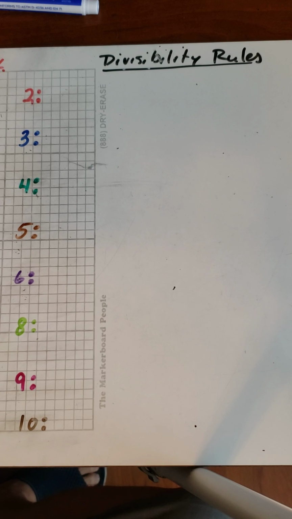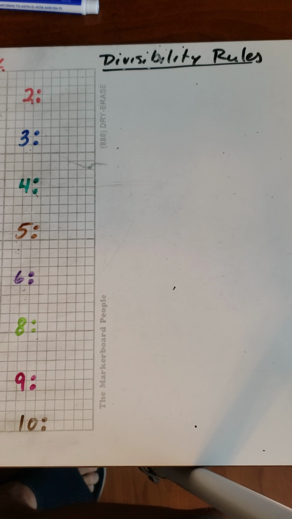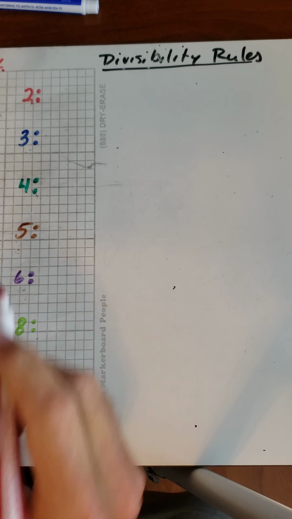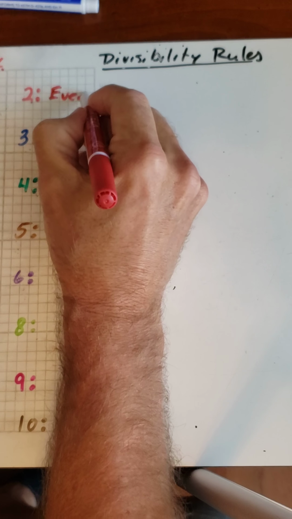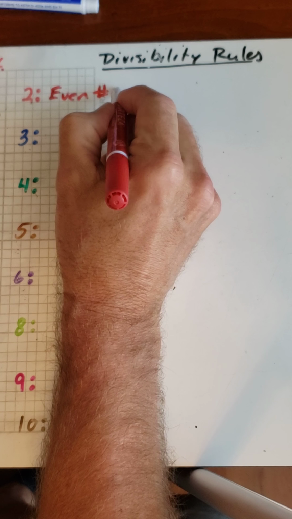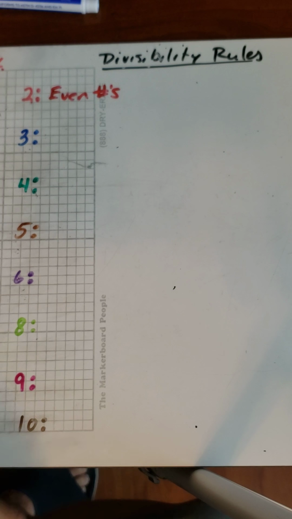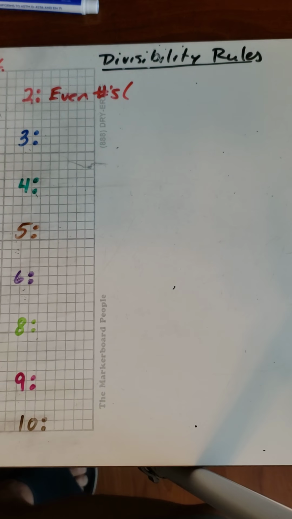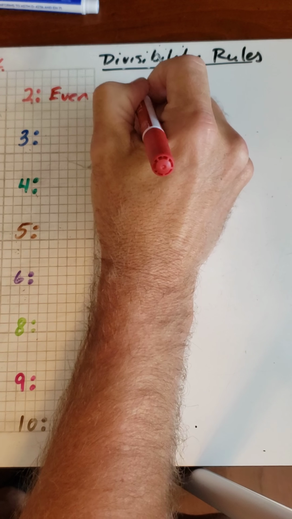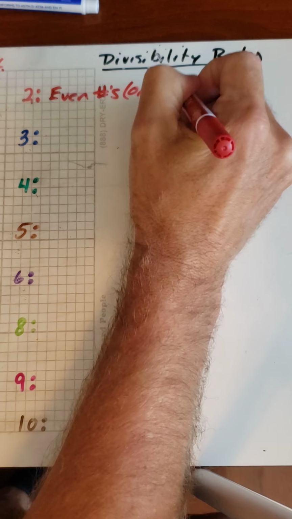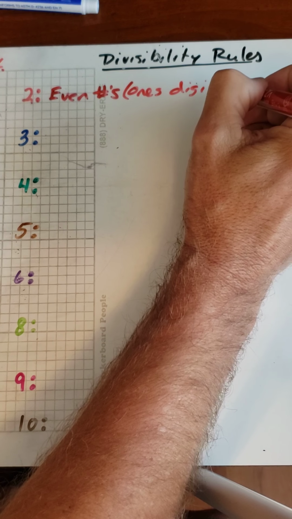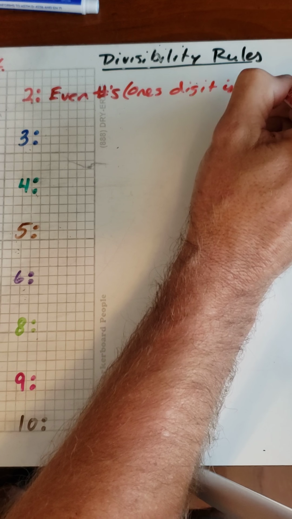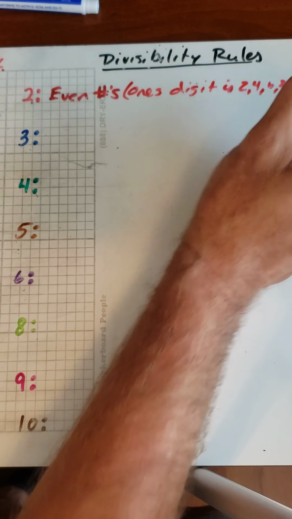So 2 is probably the easiest one. I'll bet many of you have some sort of rule, or you can describe what types of numbers are divisible by 2. So we're going to start with 2. Even numbers are divisible by 2. And how we know if a number is even is that the ones digit is 2, 4, 6, 8, or 0.